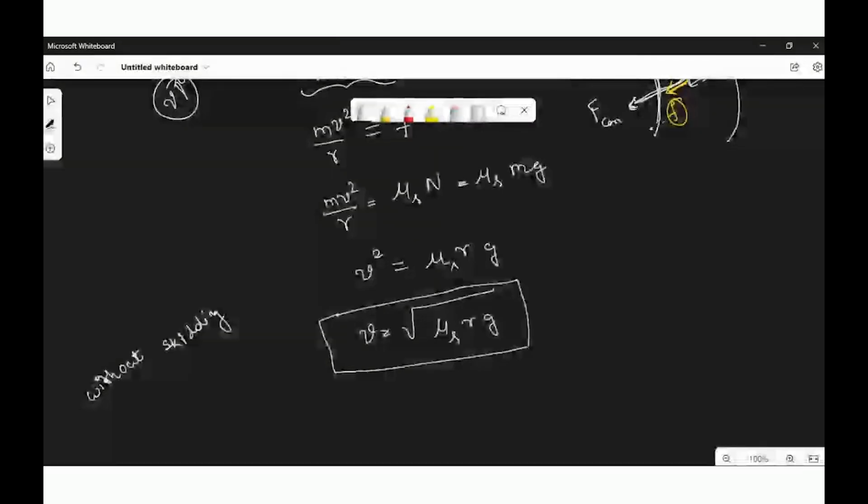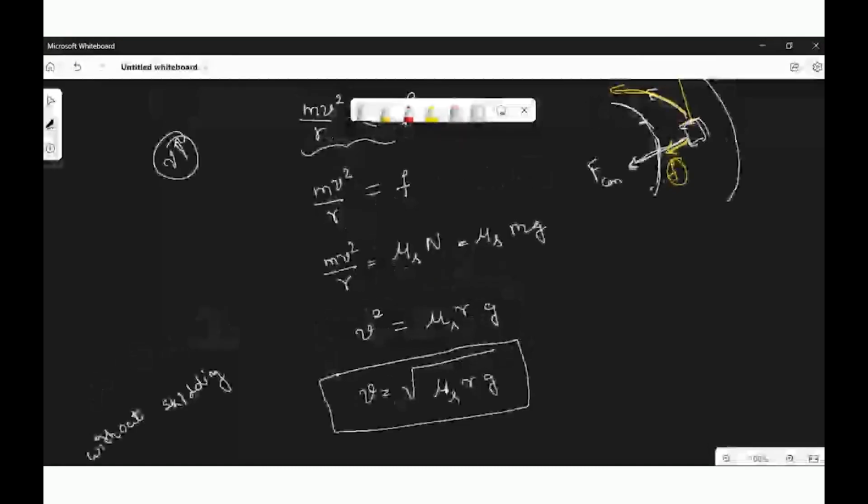Yes. So now the problem is that friction can have only some maximum value, and the radius of turning depends on which turn we are taking, which road you are traveling, and g is a constant, correct? So r and g are not in our hands.